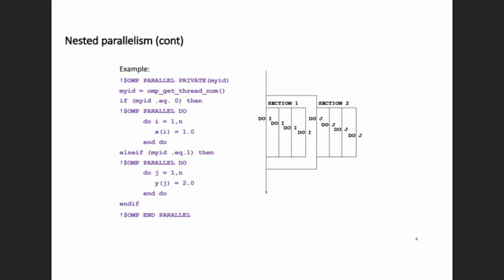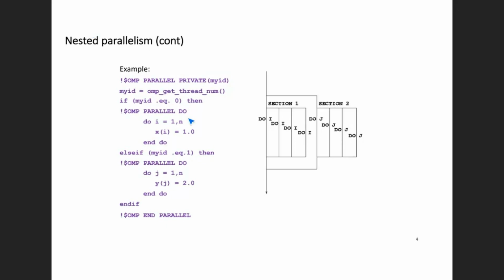Then if I get my thread ID and I say, if I am thread number 0, then I will create a new parallel region. Remember, this is a combined parallel region and do directive.